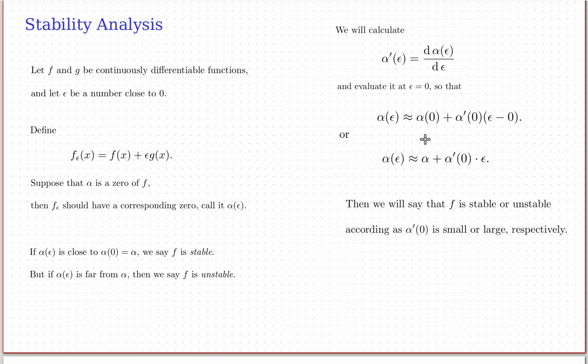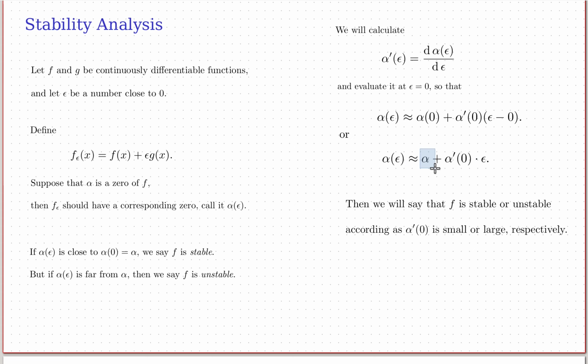And because alpha of 0 is just alpha, and of course epsilon minus 0 is just epsilon, it reduces to this. And now we can see that again, this is just another way of seeing really that alpha prime of 0 describes how quickly the root of the perturbed function, alpha of epsilon, moves away from the root of the original function.